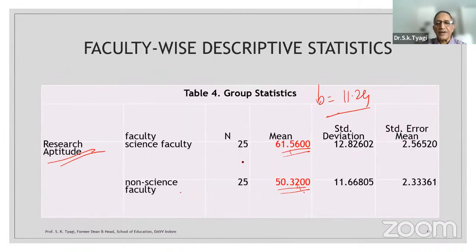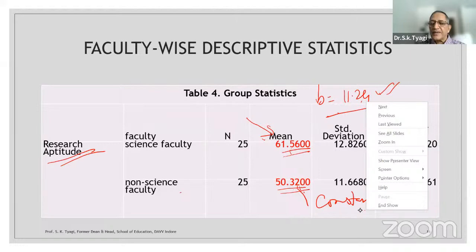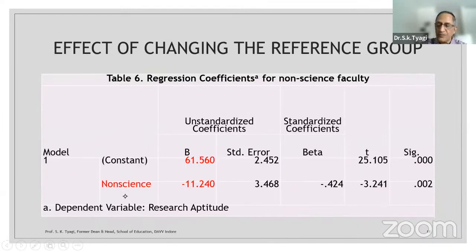How did we interpret that? 50.32 was the constant and 11.24 was the regression coefficient for science. The constant is nothing but the mean research aptitude of non-science faculty.